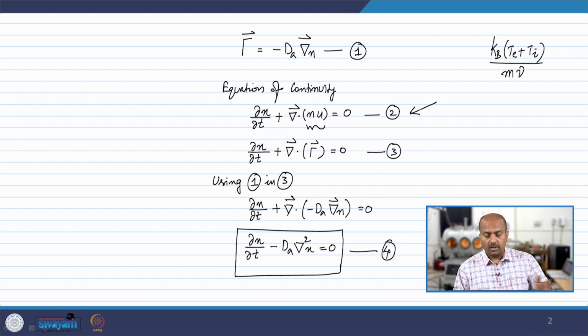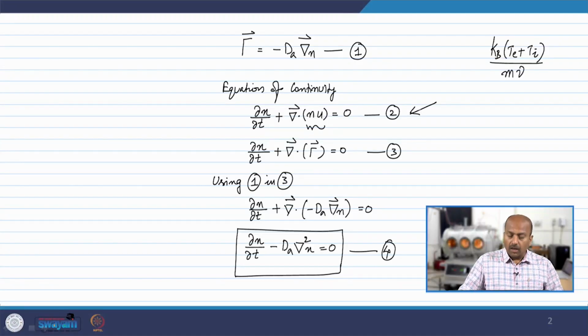What are we trying to understand? This equation tells you how the mass changes with respect to time. The rate of change of mass should be equal to the difference between the amount of flux getting in and the amount of flux going out. That is the simple notion of the continuity equation. But here, in the context of diffusion, what is diffusion? Diffusion is the movement of certain particles in order to negate the pressure gradient.